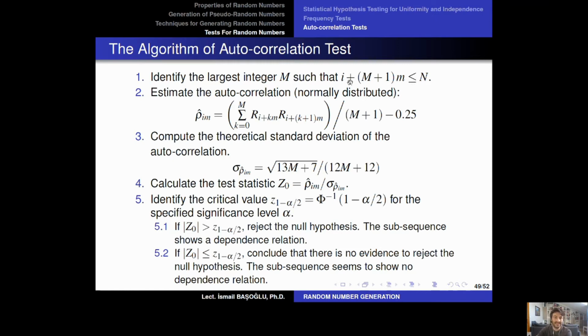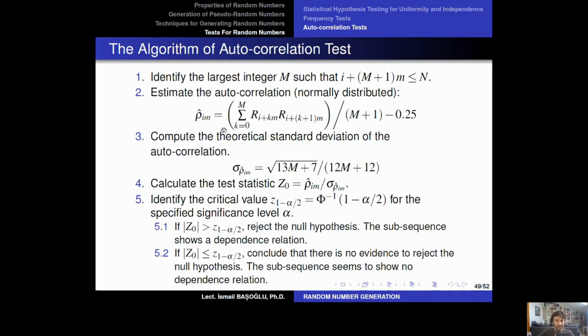Actually, you can easily solve this inequality by taking i to the right-hand side and m in the division in the denominator of the right-hand side, and you can also take this one to the right-hand side. It says identify the largest integer m which is less than or equal to the values on the right-hand side. So you need to identify the solution of this inequality for capital M, and you need to identify the largest integer m.